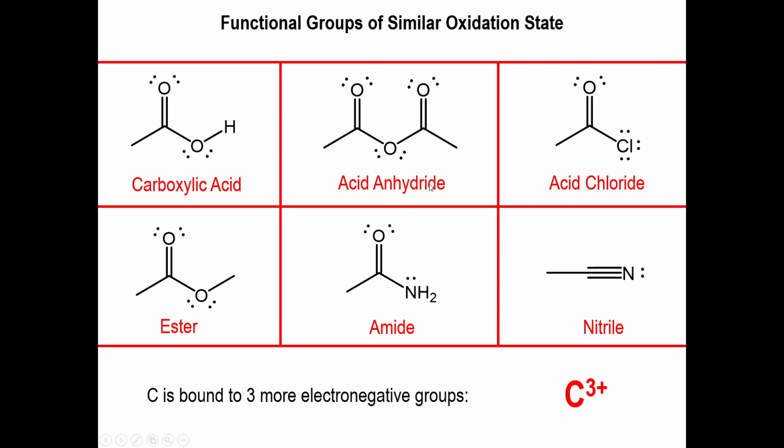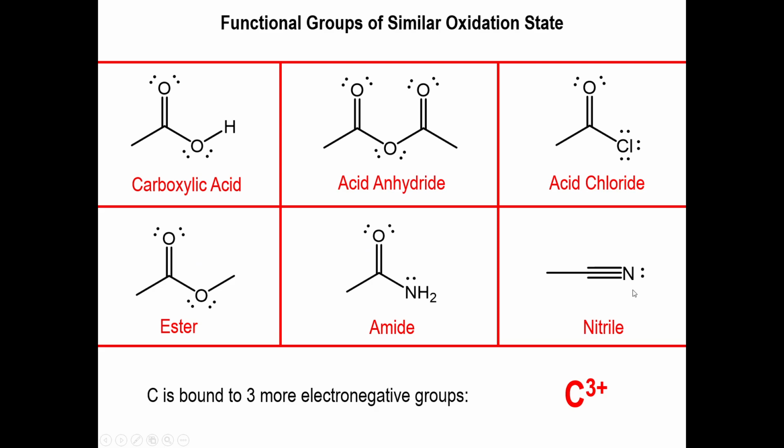We also will talk about the acid chlorides, which are directly made from the carboxylic acids using thionyl chloride. Esters, of course, will play a role in our discussion within this unit. The same thing goes for amides and even nitriles, which you may or may not have talked about in the past. Now, all of them have the carbonyl carbon, with the exception of the nitrile, right?